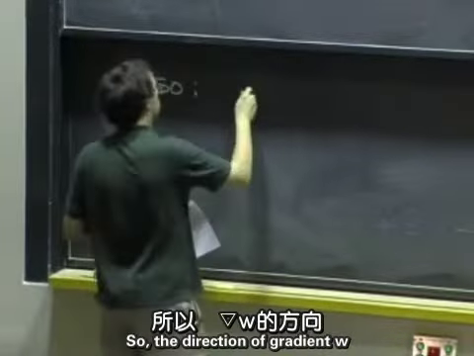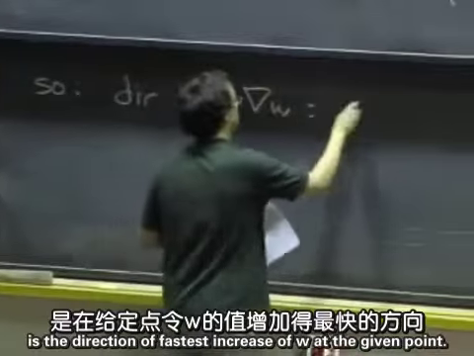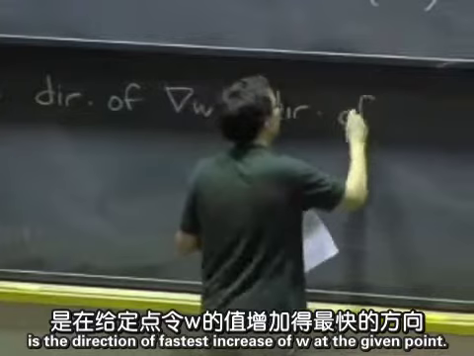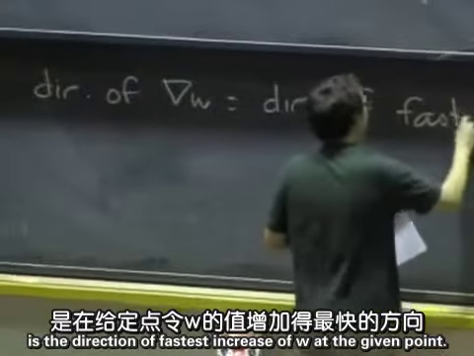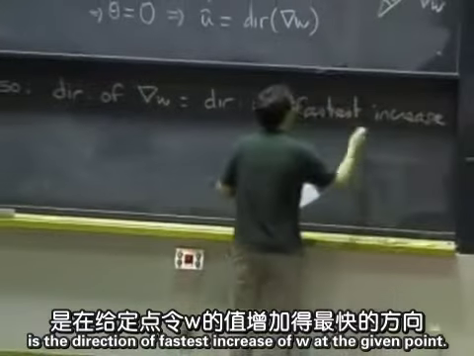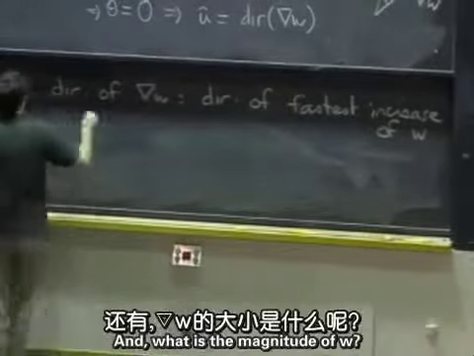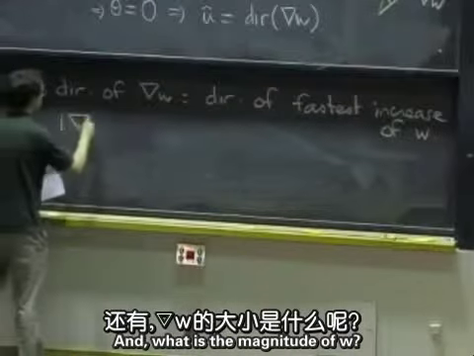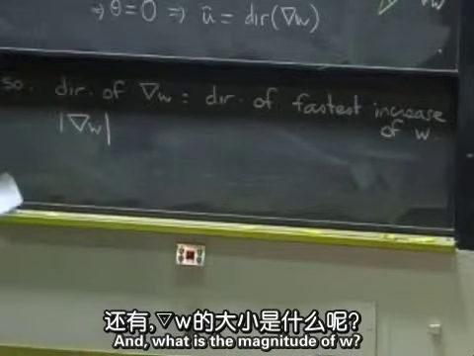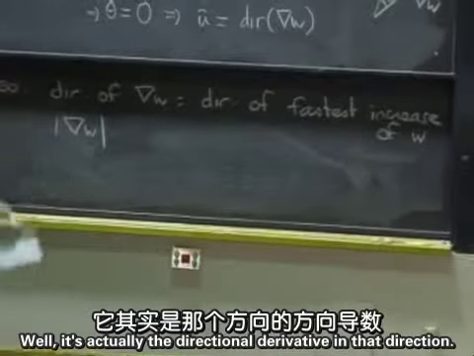So the direction of gradient W is the direction of fastest increase of W at the given point. And what is the magnitude of the gradient of W? Well, it's actually the directional derivative in that direction.